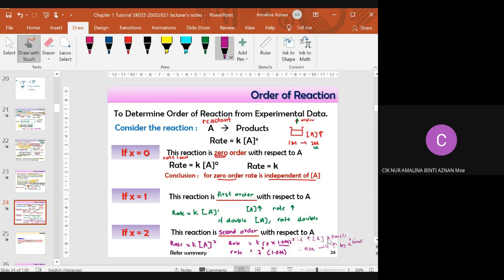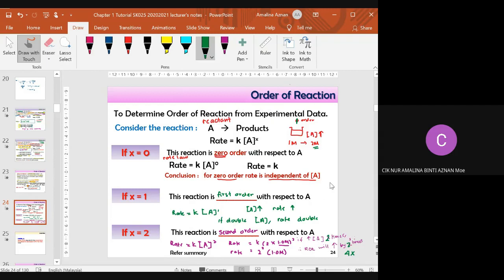In the example, we increase the concentration of A 2 times and the rate of reaction increases 2 to the power of 2 times. So it will increase 4 times if you double the concentration.